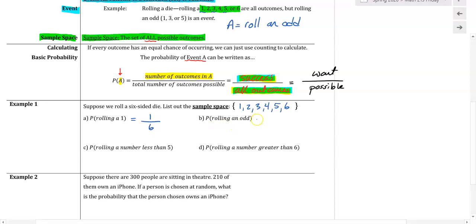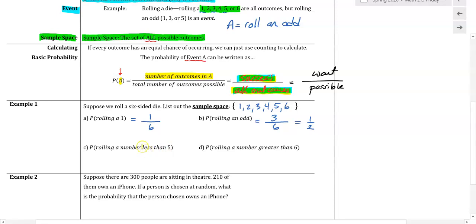The probability of rolling an odd, how many ways are there to succeed at rolling an odd number? If I count the odd numbers in my sample space, I have 1, 2, 3 odd numbers. So there's 3 ways to pull off a win, to succeed at getting an odd number, and there are, again, 6 possible outcomes available. So the probability of rolling a die and getting an odd number is 1/2, 50-50. How about the probability of rolling a number less than 5?